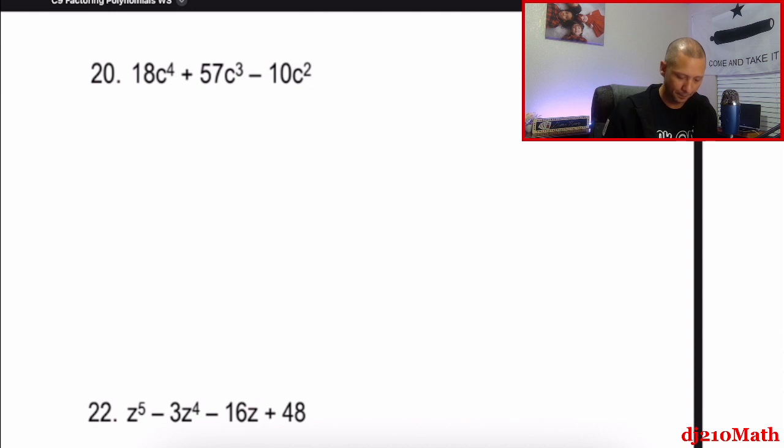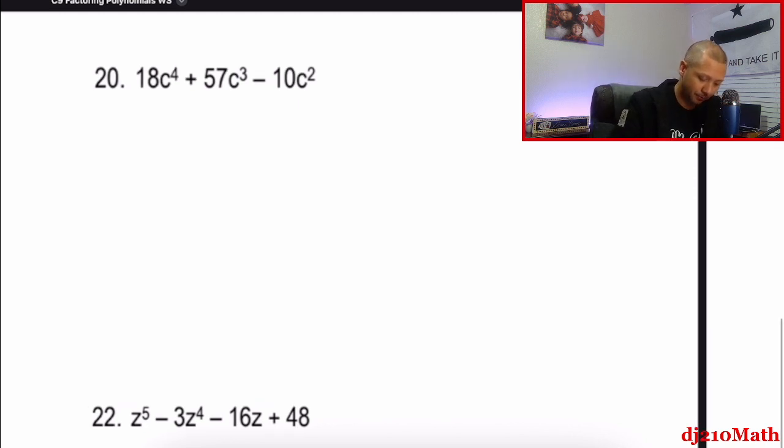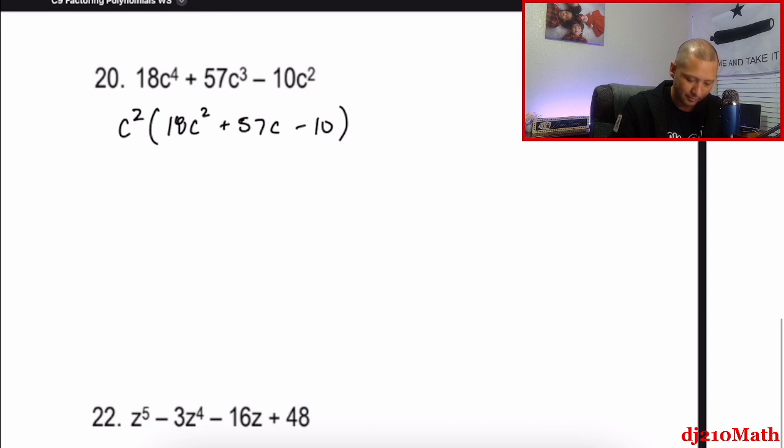Okay, number 20. 18c to the 4th plus 57c cubed minus 10c squared. All right, 57 is messing this up. Otherwise, we could pull out a 2. But we can pull out a c squared. So 18c squared plus 57c minus 10.